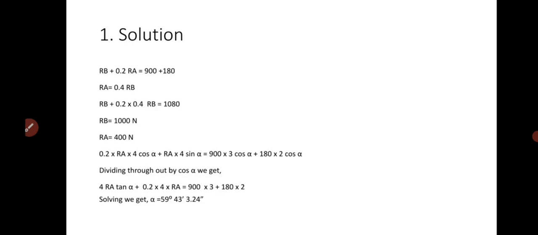So if you solve this equation, you can obtain the value of theta. So theta will be tan inverse of 1.7 something, and if you solve it, you will get the value of theta as nearly 59 degree 43 minutes 3.24 seconds.